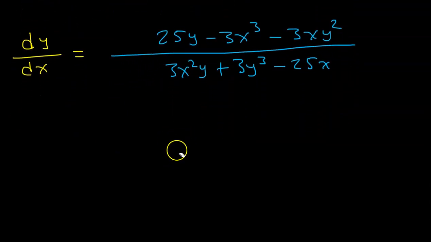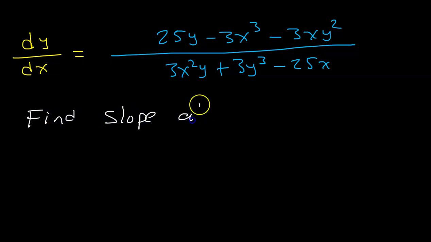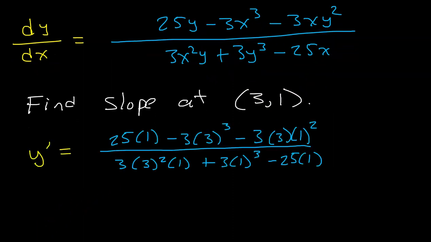So remember, we are supposed to find the slope at the point 3 comma 1. So that really just means substitute 3 and 1 for all the x's and y's in this equation. So that will look like this.